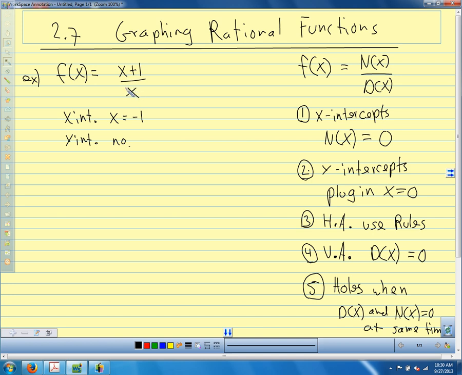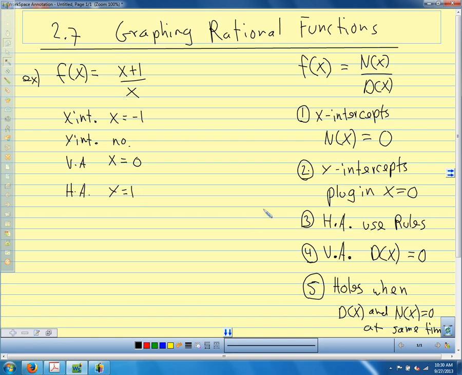The denominator is 0, so we have a vertical asymptote. Horizontal asymptote: how are the degrees of the numerator and denominator related? They're both 1. They're the same. So what's our horizontal asymptote? y equals 1, the ratio of the leading coefficients.